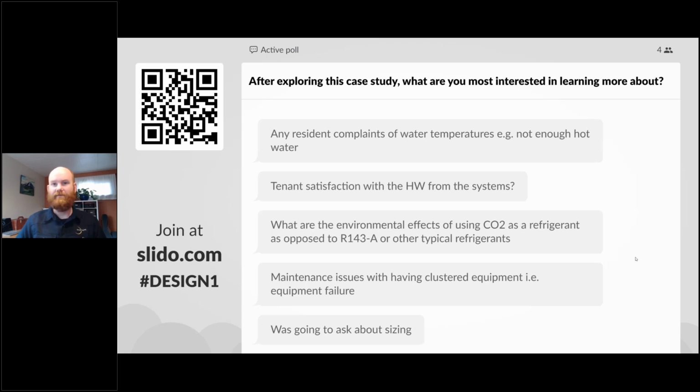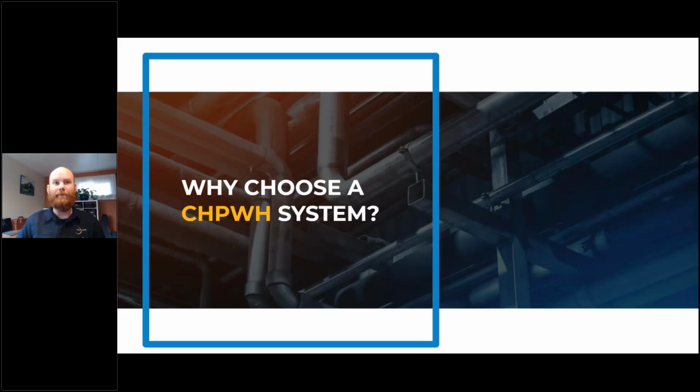I mean, it put money in my bank account. So they are fairly reliable. It's really the misapplication of a heat pump water heater that causes reliability issues, is what I would say. It's not the actual product itself, it's misapplying that product.